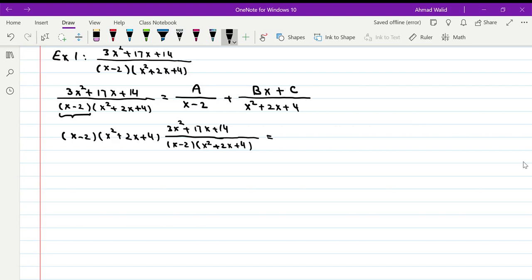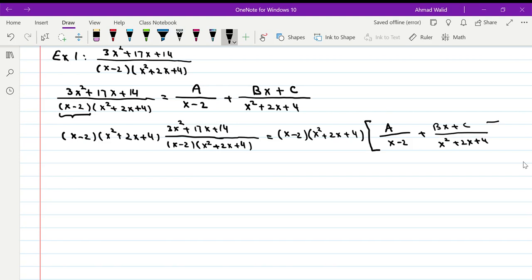Equals, same thing, multiply to this side, x minus 2 times x squared plus 2x plus 4 times these two terms, which is a over x minus 2 plus bx plus c over x squared plus 2x plus 4.